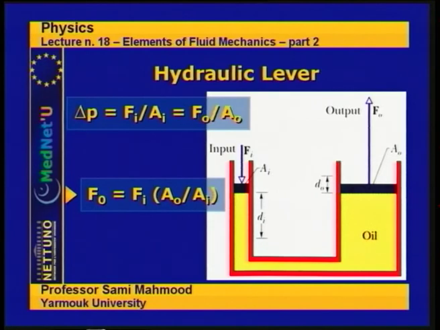If we look at this formula closely, we notice that since A sub O is larger than A sub I, then if we apply a force F sub I to the narrower end, we get in return a larger force F sub O at the wider end of the lever.